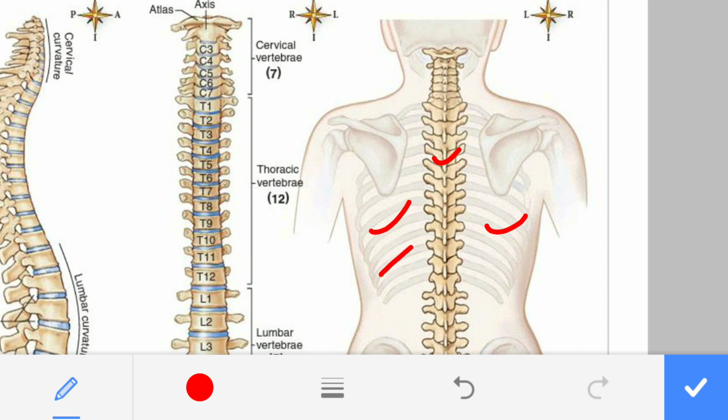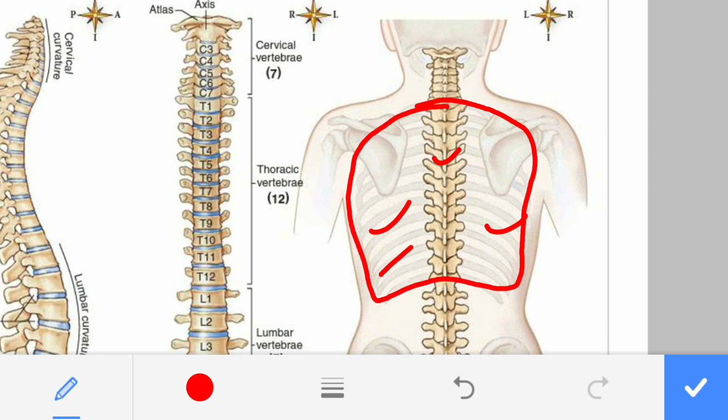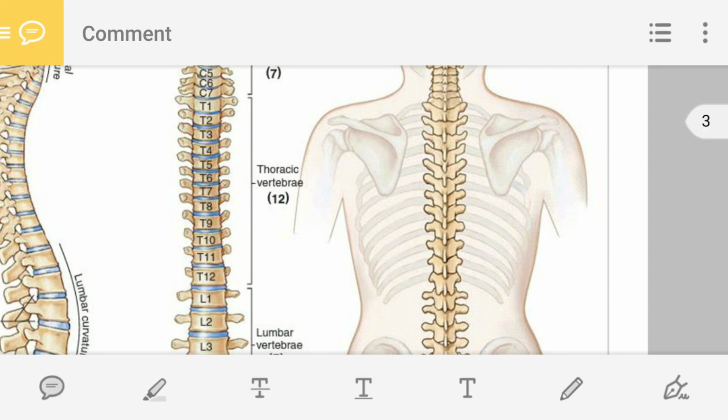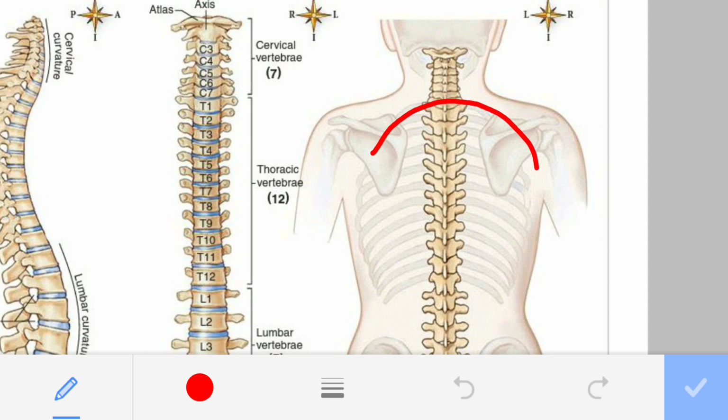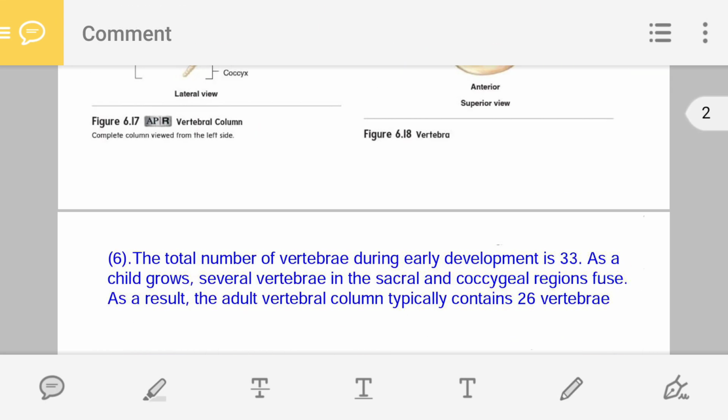And we cannot see the sternum because this is the dorsal view of our body, and the sternum is visible from the ventral surface. So you can imagine the vertebral column, the ribs and the sternum. These three things together make the skeleton of the trunk. This entire thing is the skeleton of our trunk.